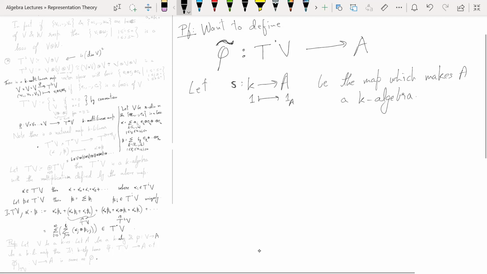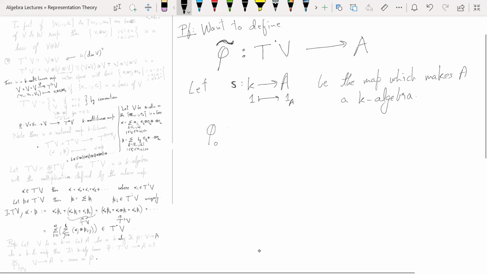Okay, so how do we define this? How do we go about doing this? Let's define it on each graded piece.